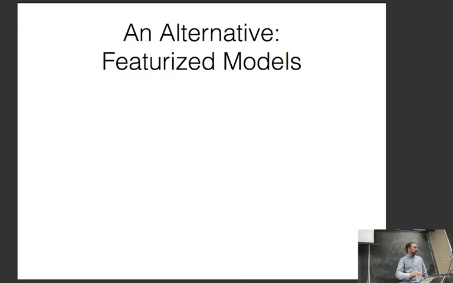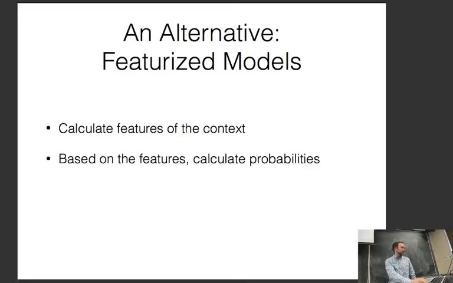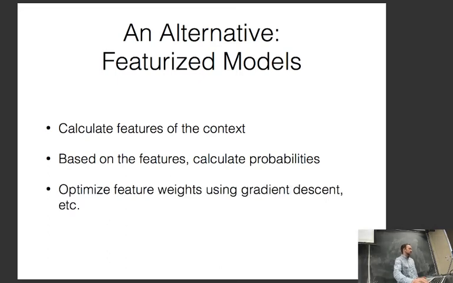So basically the idea here is that instead of conditioning on the context with count-based language models, we calculate the features of the context, and based on these features, we calculate probabilities. And we optimize the feature weights using some sort of method called gradient descent.